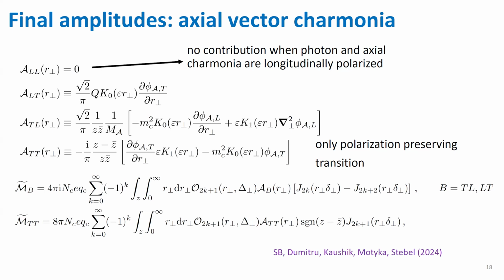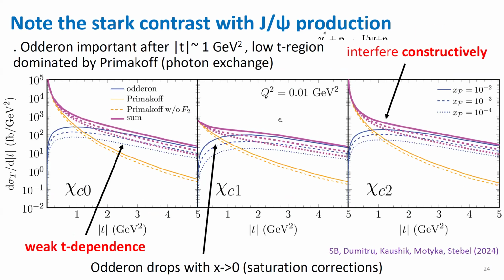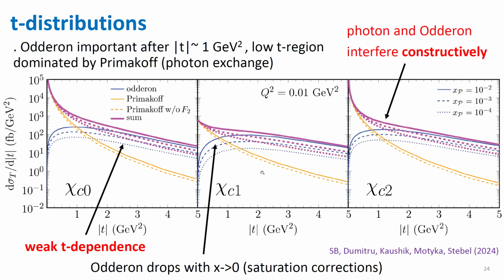I think this is again coming from the Odderon, because the Odderon has just one unit of this kind of conformal angular momentum, whereas here you would need 2 to get this spin flip. This could be too simplistic, but could be the reason why some of these overlaps are 0, and therefore why for chi1 this cross section is kind of smaller.